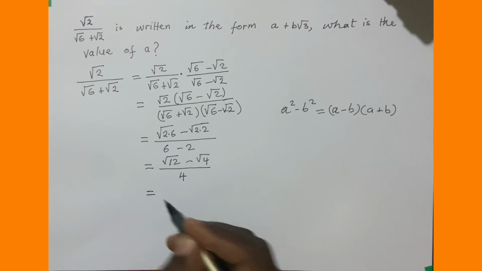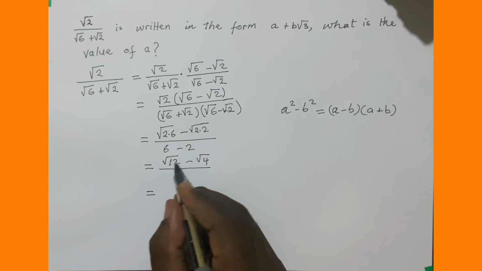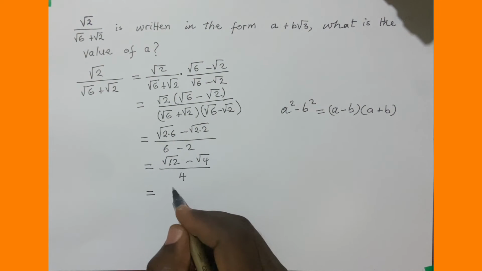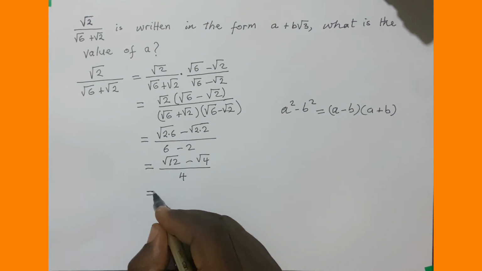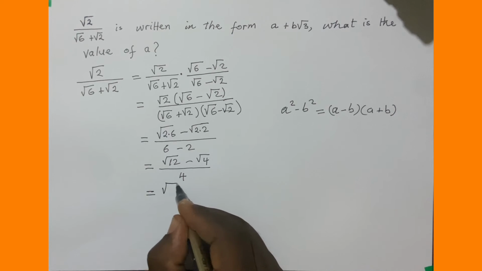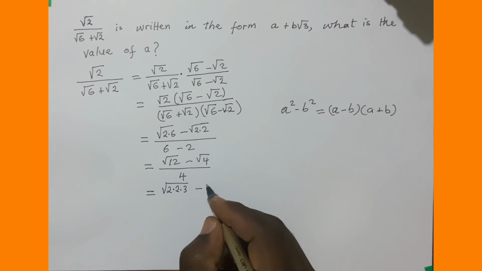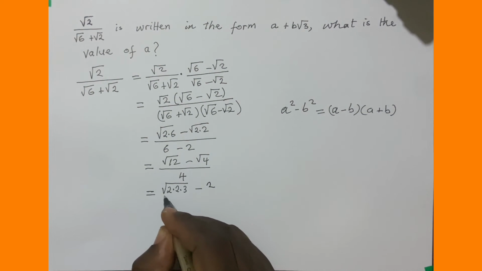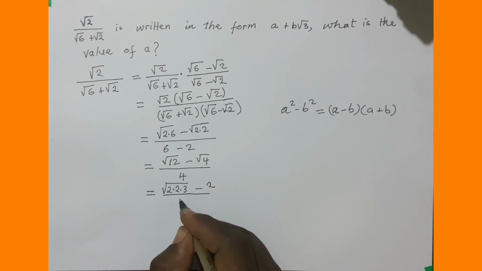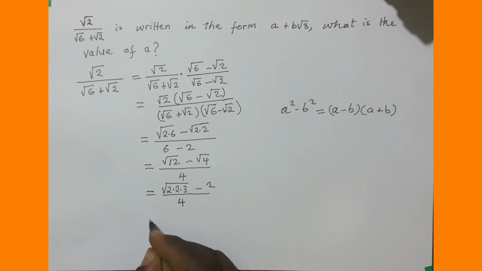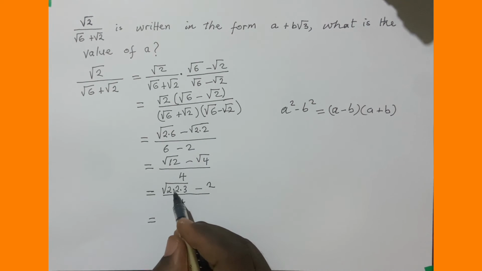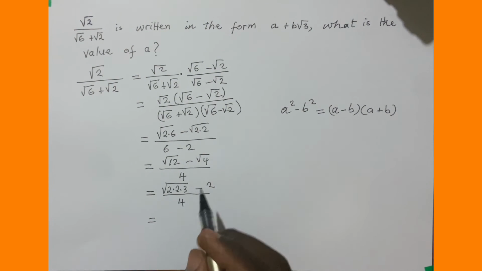And this is equal to, we're going to write the square root of 12 as the prime factors of 12. So we're going to write it as 2 times 2 times 3, minus the square root of 4, which is 2, divided by 4. And so this is equal to the square root of 2 times 2, which is 4, or 2 squared.